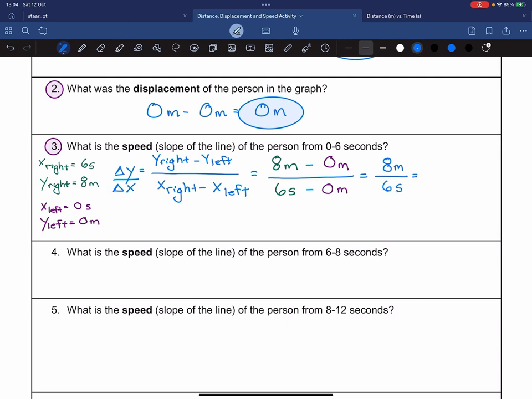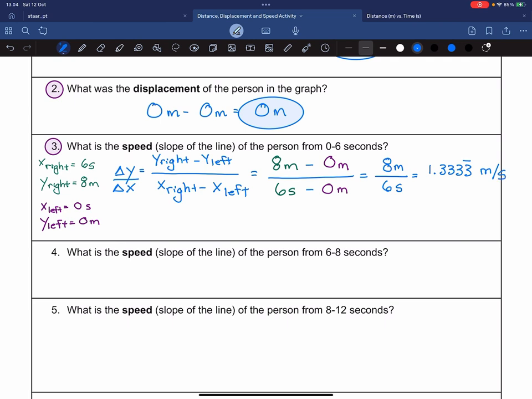If I take 8 on my calculator and I divide it by 6, I get 1.3333, just continues on. And then I get meters over seconds, meters per second.